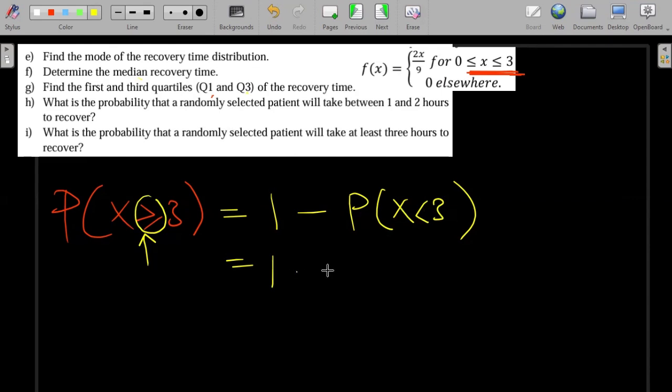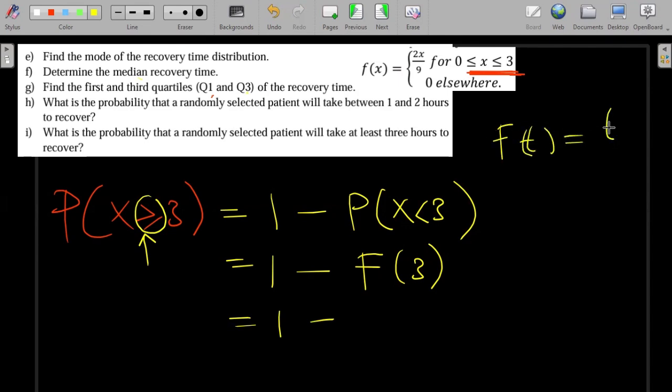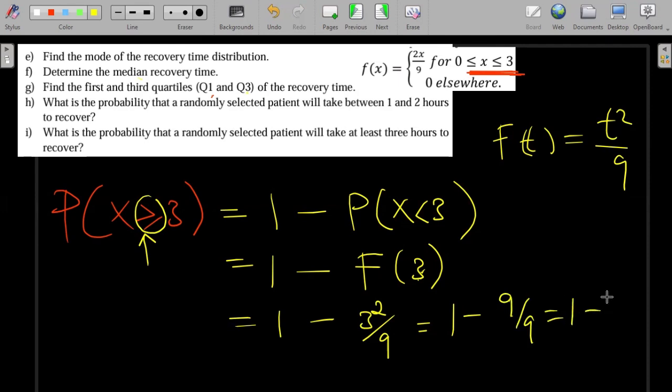It will be 1 minus, and this probability is the same as F of 3. What was our F function? Our CDF was t squared over 9. Where there's t now, I'm putting 3, so it will be 3 squared over 9. So this will be 1 minus 9 over 9, which is 1 minus 1, which is just 0.